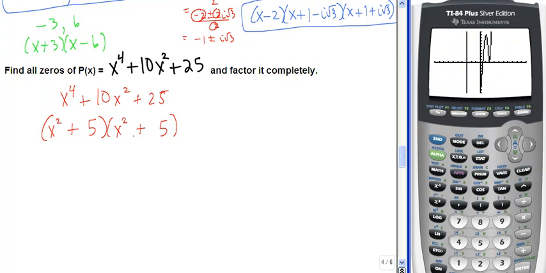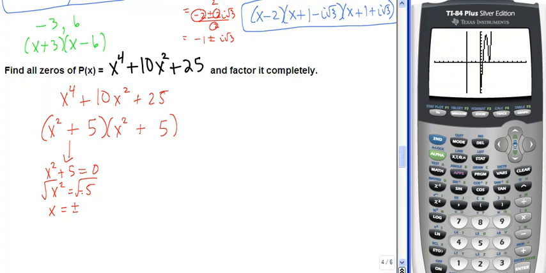So since I can't really factor this any further using any of my patterns, it's not really a sum of cubes or a difference of squares or something like that, here's where you bring out your algebra. So if I wanted to know what the zeros of this factor were, I would set it to 0, subtract that 5 over, take a square root of both sides, don't forget your plus or minus symbol.